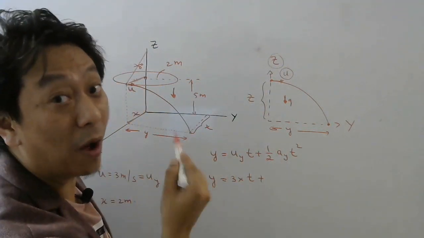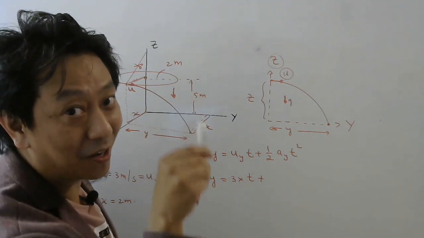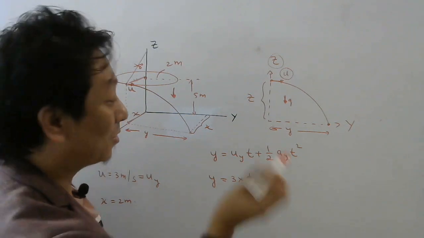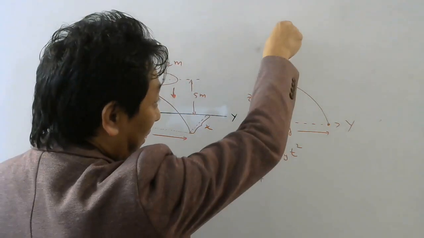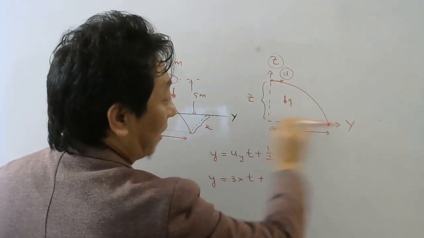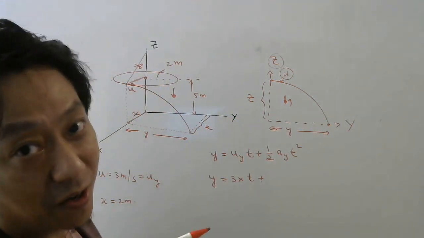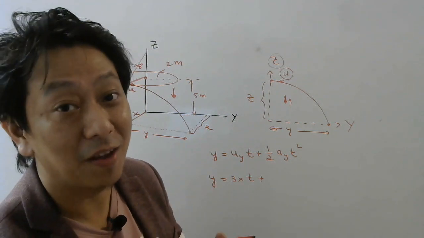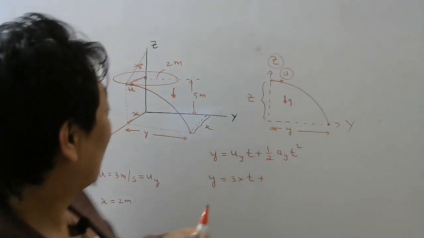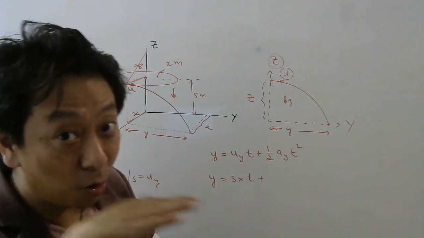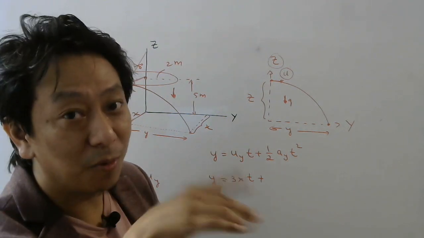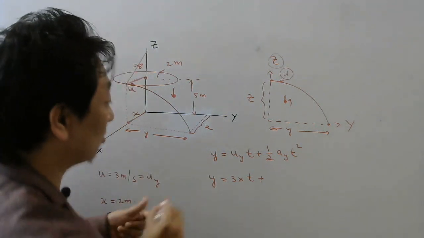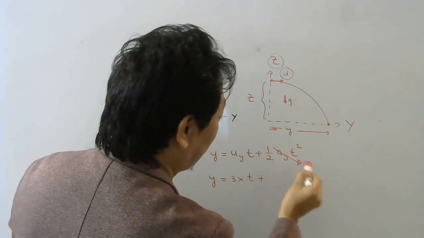So what will be its y component? If a vector is along z axis, it cannot have x or y component, right? So since the vector is completely along this axis, there cannot be any component. And we also know already that acceleration due to gravity doesn't have any role horizontally, and this time your y-axis is horizontal, so there will be no component of acceleration due to gravity along y. So this ay will be 0.